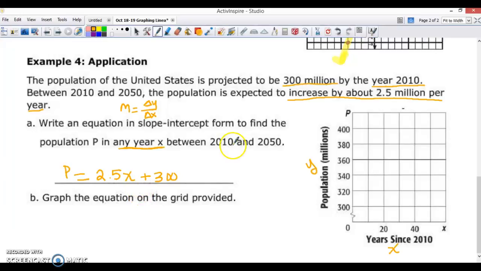All right, now we need to graph it. And just like all our other word problems that we've established so far, now that I have an equation, you can make an XY table. Okay, X, Y. Here we go.